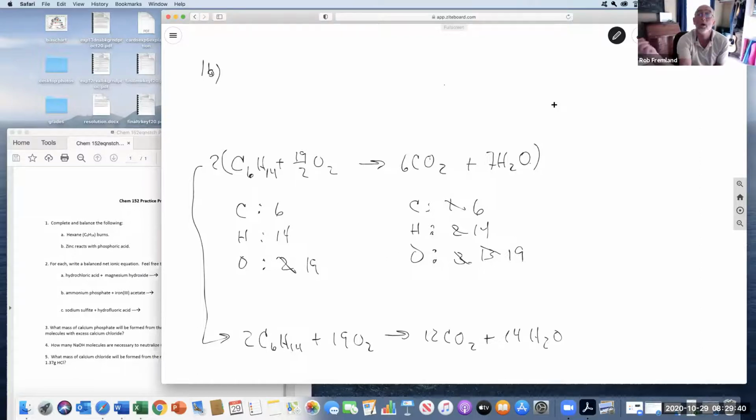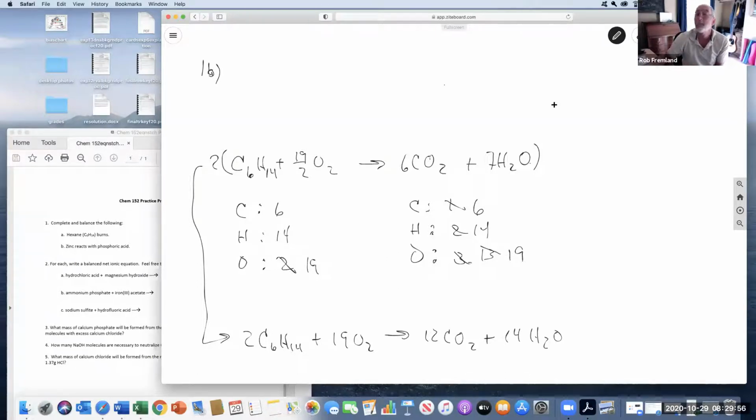So there's no rule like if there's a diatomic, there's going to be a 2. Diatomic means that there's a 2 subscript, but it doesn't have anything to do with the coefficient that's going to be in front of it. Okay, that's what I meant, the subscript. Oh yeah, diatomic means 2 atoms.